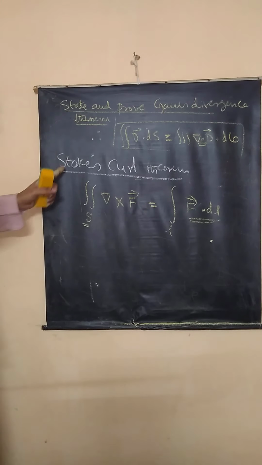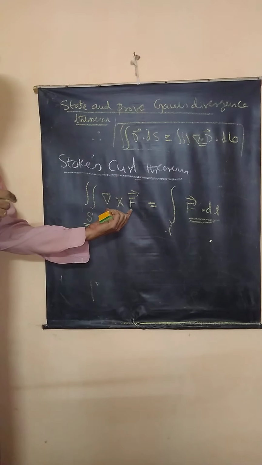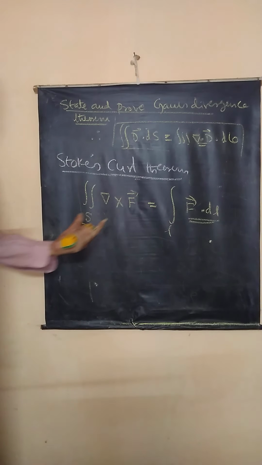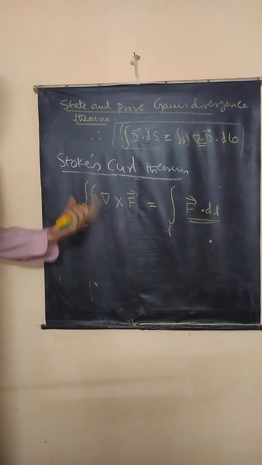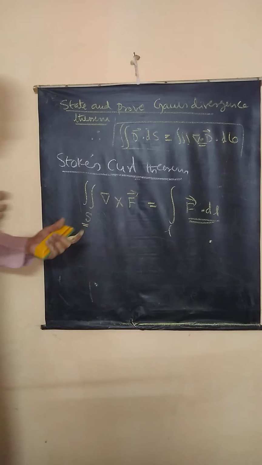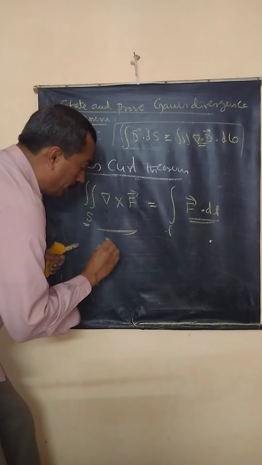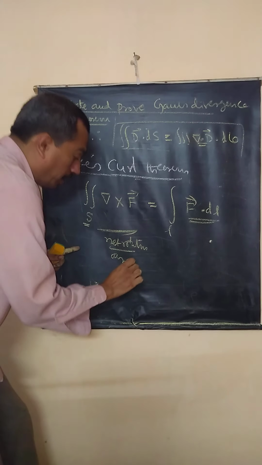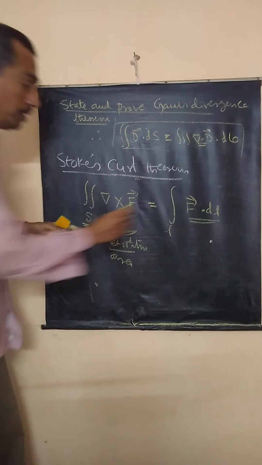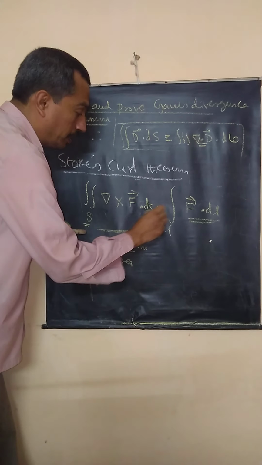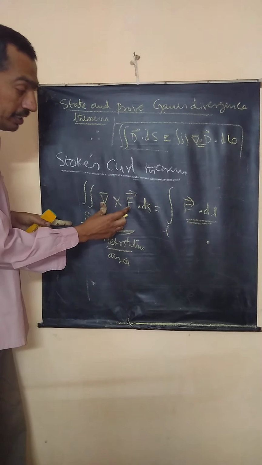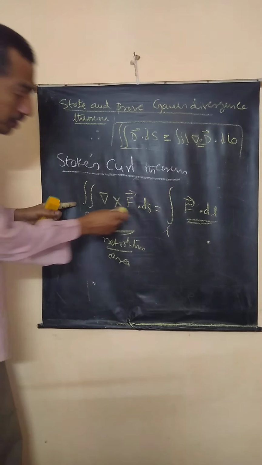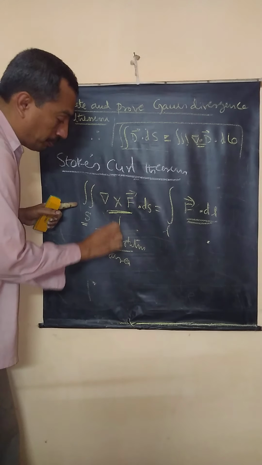You understand it? Stokes' curl theorem says curl of a vector over a surface, rotation of a vector over a surface. Net rotation, curl gives you net rotation per unit area. See this? Curl actually gives you net rotation per unit area. Correct? When you integrate, this is the surface integral, curl of a vector over a surface, this represents net rotation per unit area.